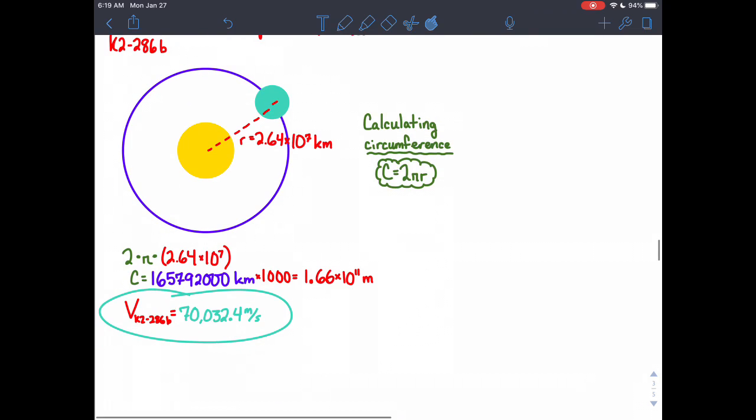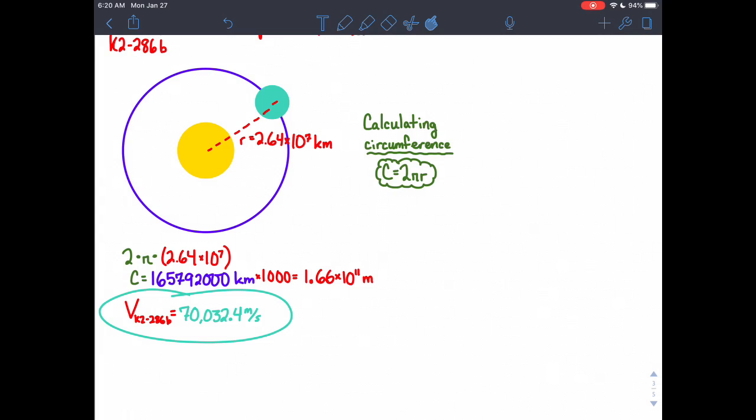Then we have the circumference equation right here on the right. C equals 2 times pi times r. So as you can see down here, I wrote 2 times pi times the given radius that I found. And the circumference ends up being a large number, about 165,792,000 kilometers.